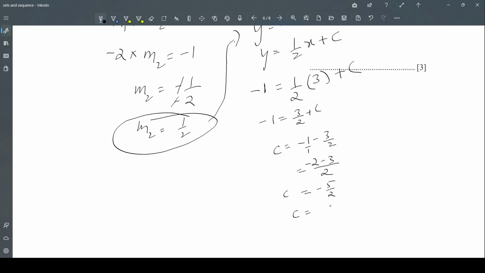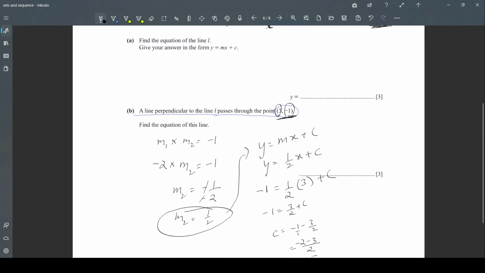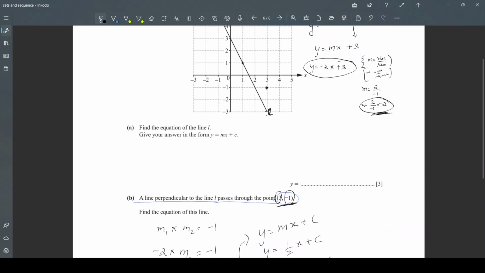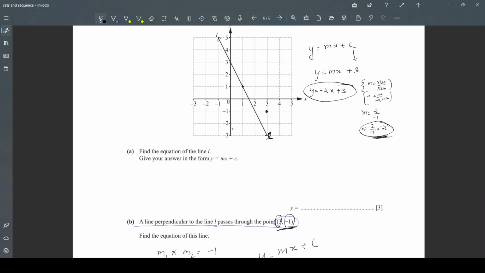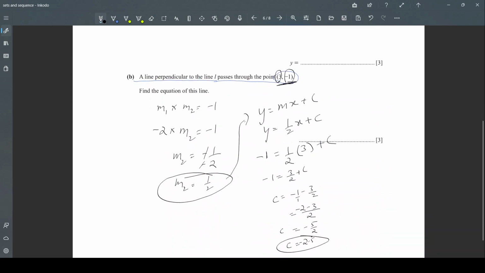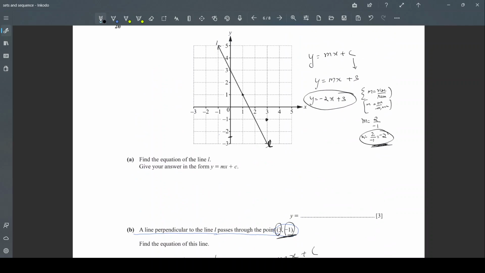Minus 5 by 2 can also be written as minus 2.5. So where does this line pass? We already got the magnitude as 1 by 2, but where does this line pass through? Definitely this line will pass through minus 2.5 on the y-axis, right? That's what we got. c is where the line cuts the y-axis. So it will be going like this.